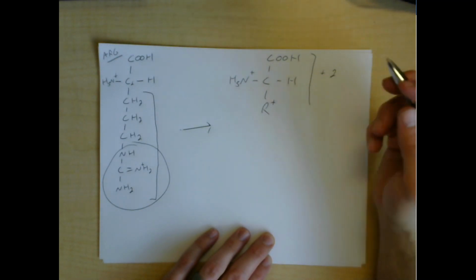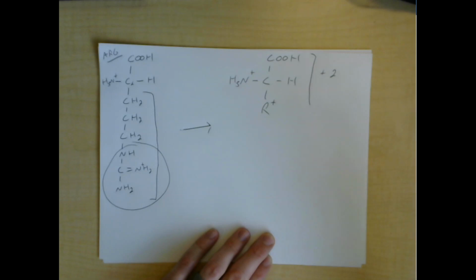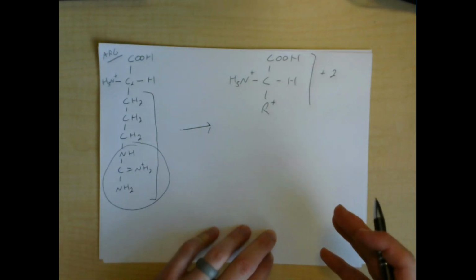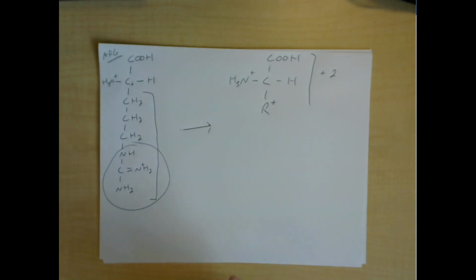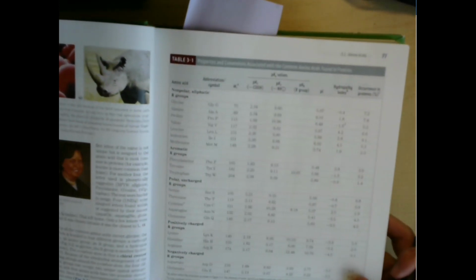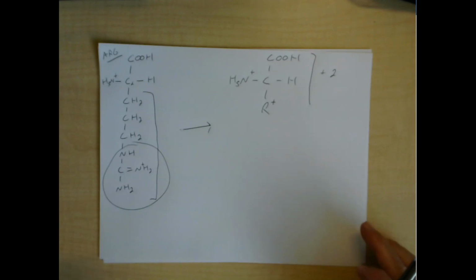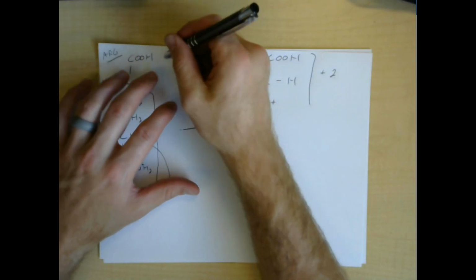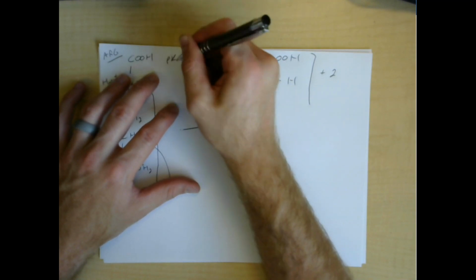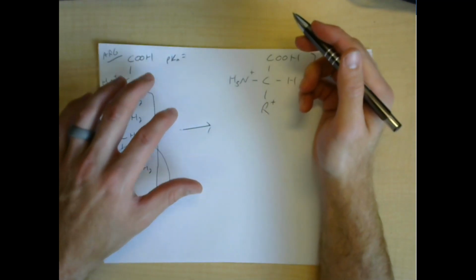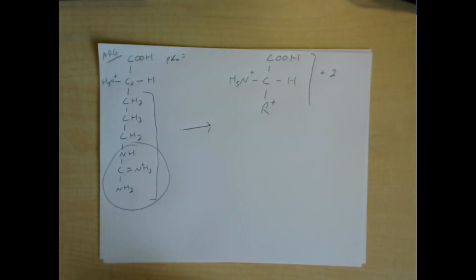Now let me go ahead and draw out the ionization states. A very, very handy thing for you to have in front of you when doing this is your textbook. I know this is kind of blurry, but this is that big giant table that you all hopefully recognized. I'll go ahead and draw out the pKa's here. My pKa for my carboxylic acid, if I look at that table, is 2.17.